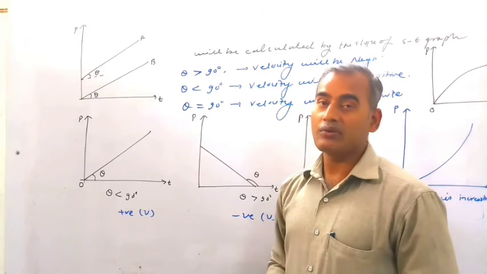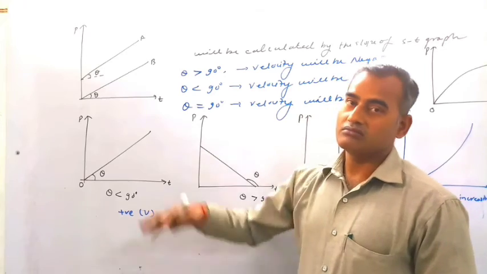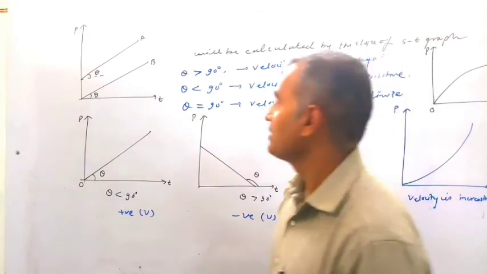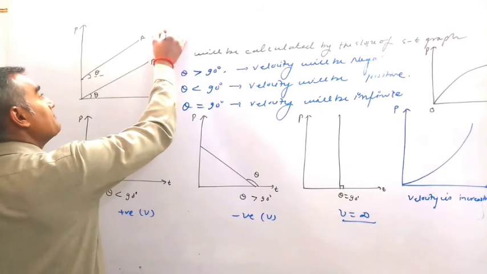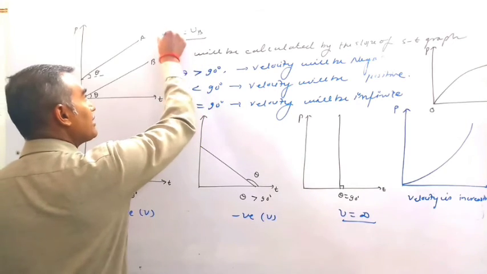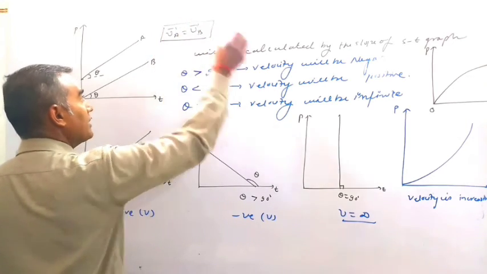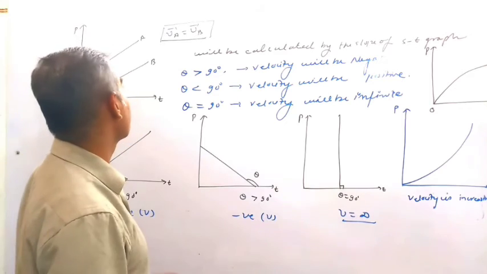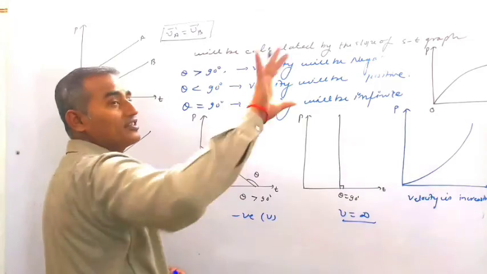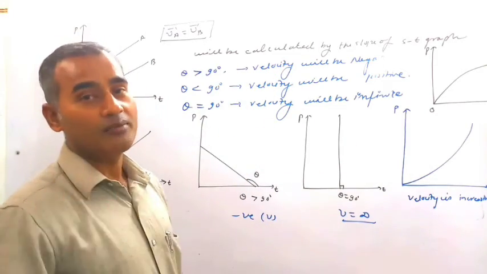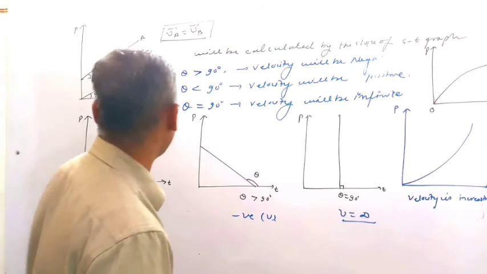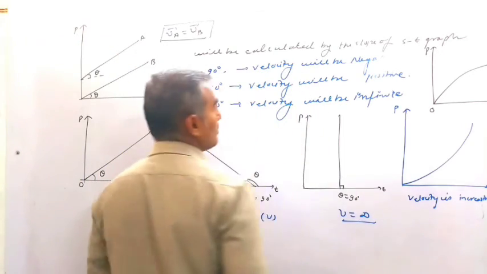So this shows equal velocity and they never cross each other. So relative velocity, VA equal to VB, their relative velocity in the same direction will be 0, and in the opposite direction will just add up and get 2 times. Okay?